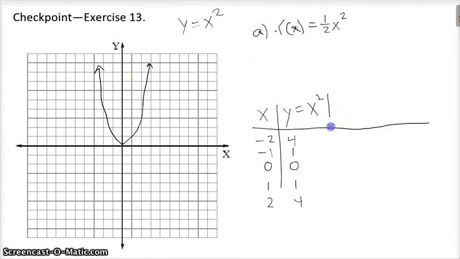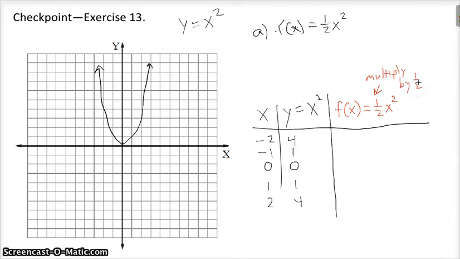Now, what I'm going to do is I'm going to show you how a new graph is going to look when I graph it differently. Now this one is asking us to compare with this if it was 1/2 x squared. Now the difference for this is that I'm going to take everything and multiply everything by 1/2.